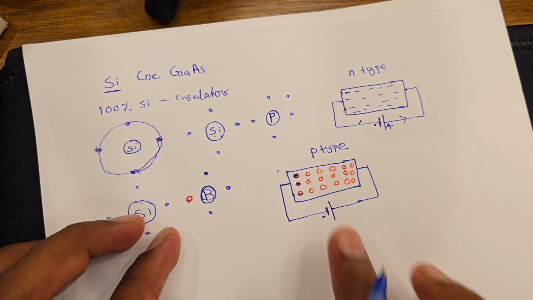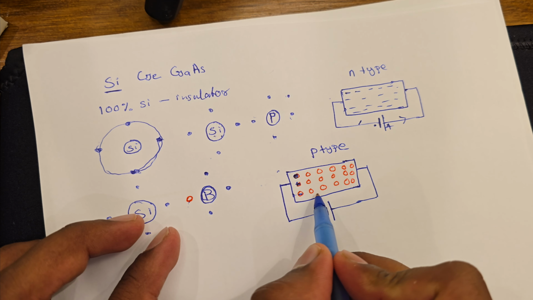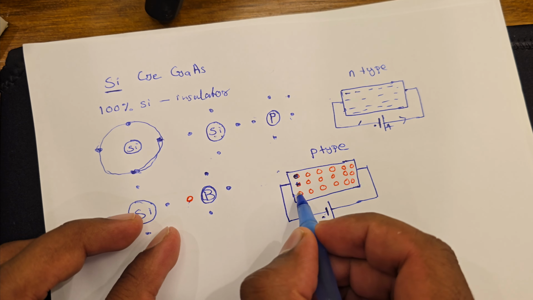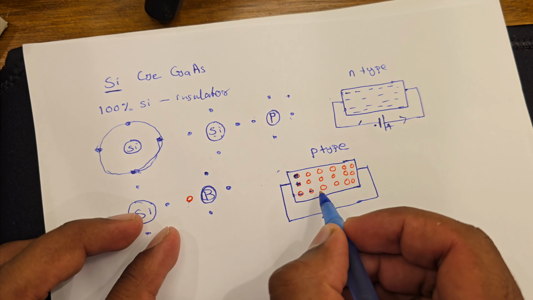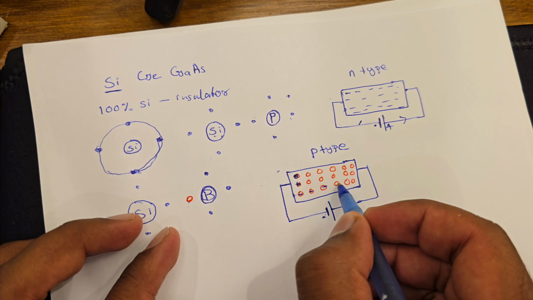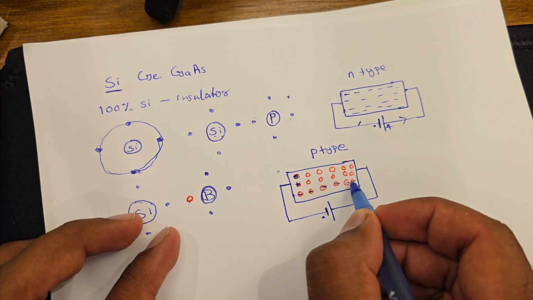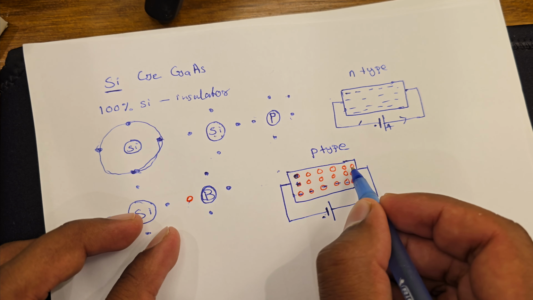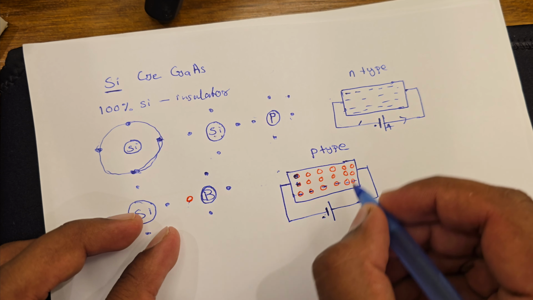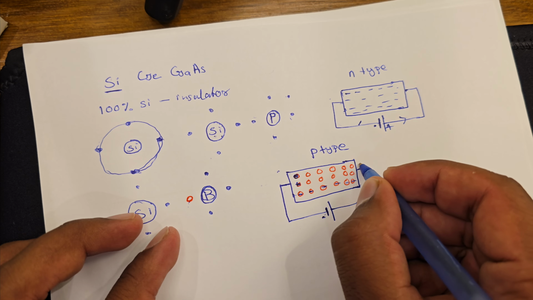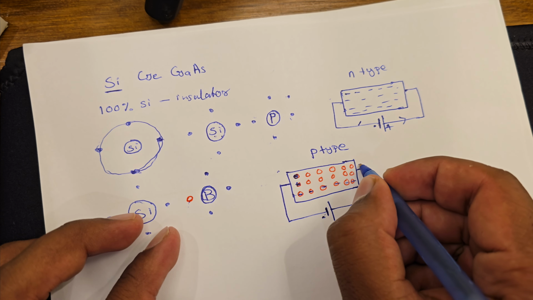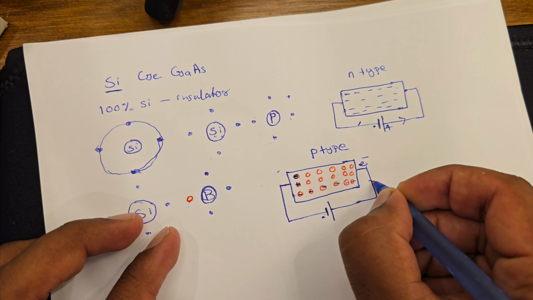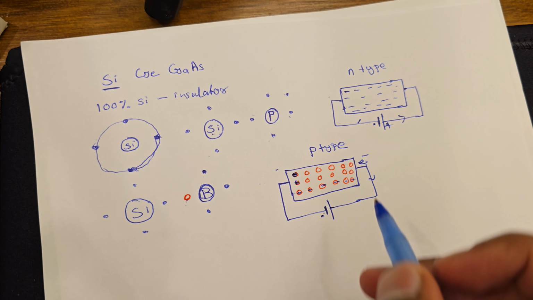Then more electrons are coming, so this electron has to move to another hole. It will jump to the next hole, and from there to the next hole, to the next hole, to the next hole. It happens to all the electrons, and finally all the electrons coming from the battery end up on the other side at the positive terminal.